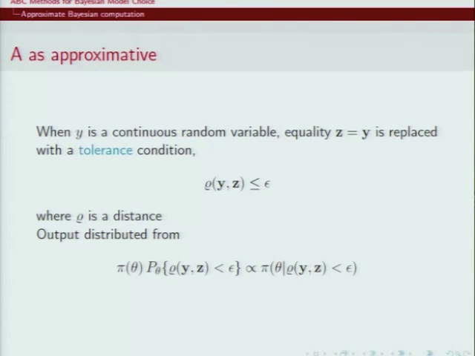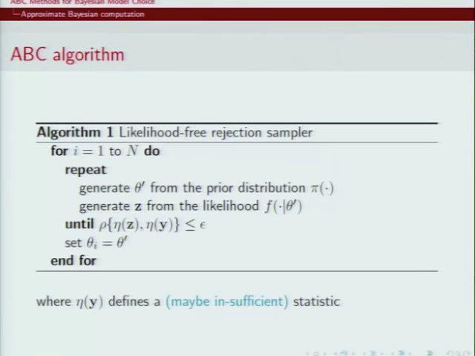So that's the starting point of the ABC algorithms, namely that we will accept a loss of information by diluting the information contained in y for producing simulations. Otherwise, we couldn't get simulations. Okay, so the algorithm is very easy to write and to implement. We keep generating from the prior distribution. We generate pseudodata from the likelihood, which implies that, of course, we must be able to produce pseudodata.